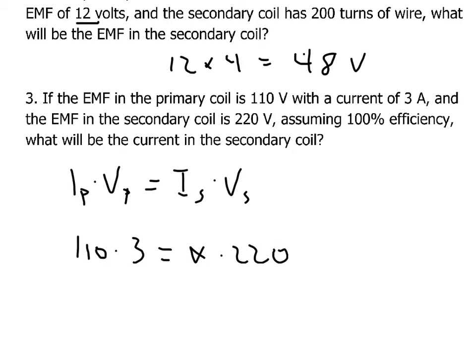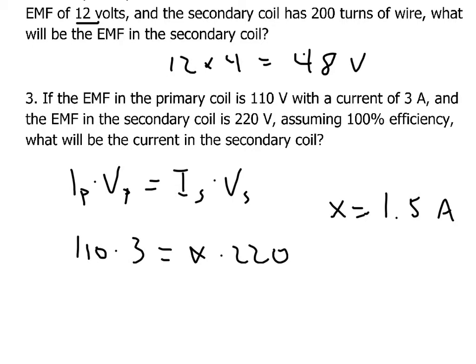Now as this is increasing, the voltage increases by a factor of 2. So that means the current is going to decrease by a factor of 2. So without putting this all into my calculator, you can verify it if you want. X is going to equal 1.5 amps in the secondary coil.